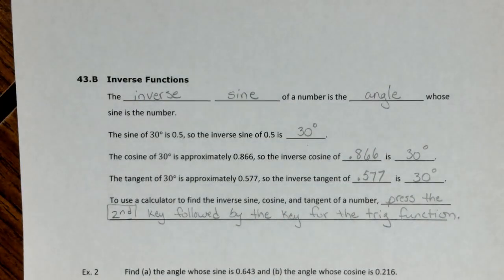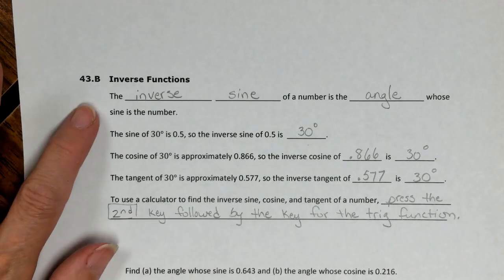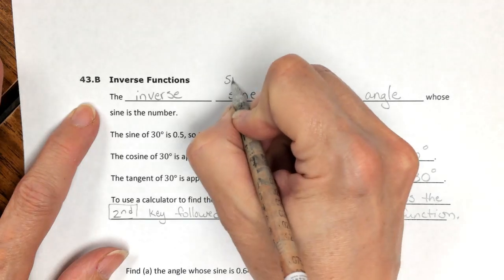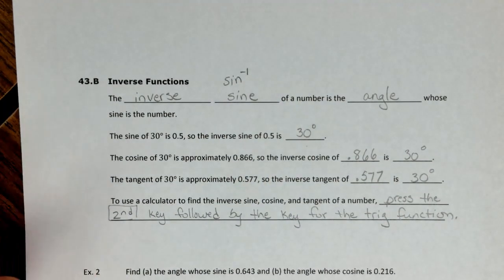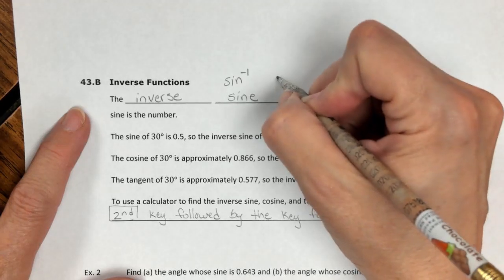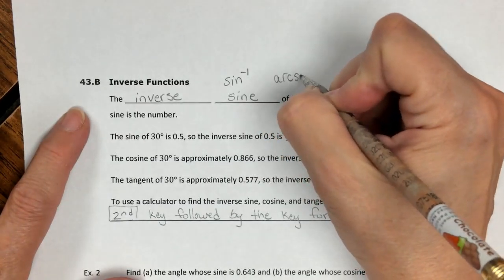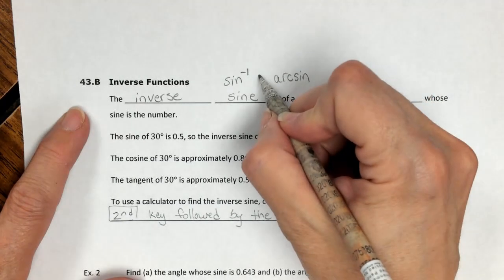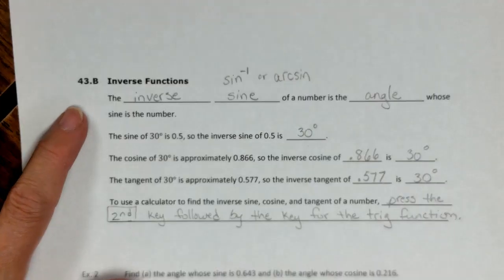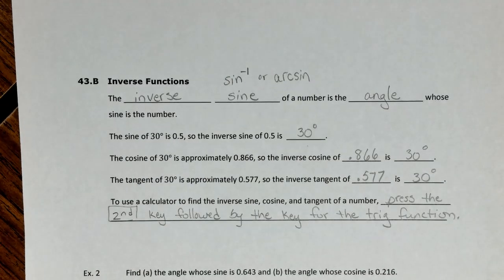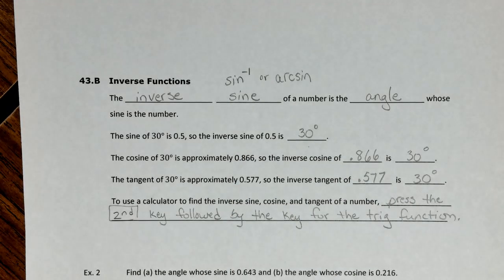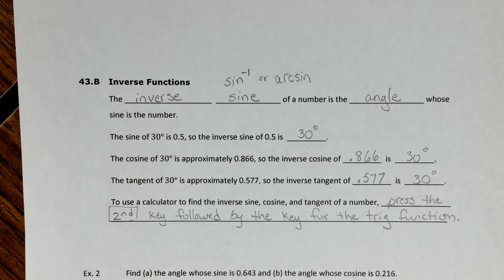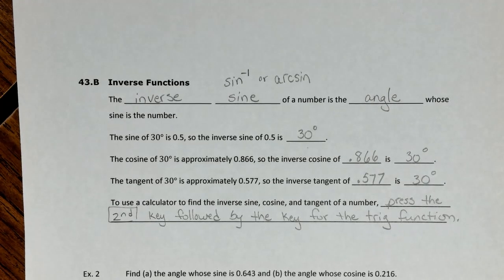There's actually another symbol, and it's arcsine. Even sine to the -1, you would not say sine to the -1. That's just inverse sine, or arcsine, they're the same thing. Anyway, that's how you do them on a calculator.